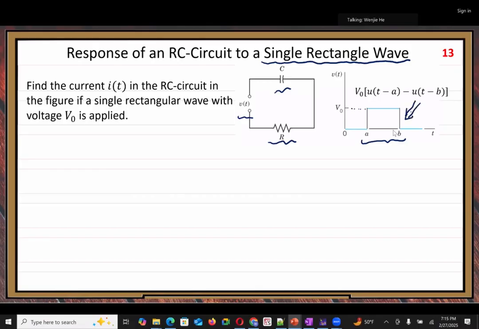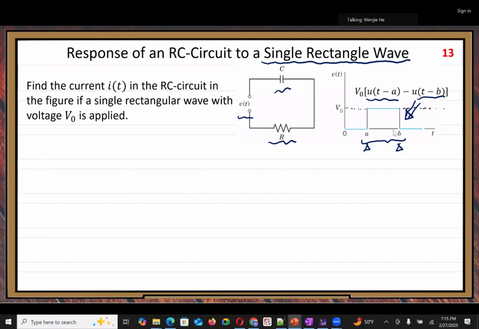To represent this function, we use U function, subtraction of two U functions with different shifts. The first one starts from A, so t minus a. The second starts from B, then you do subtraction, right?